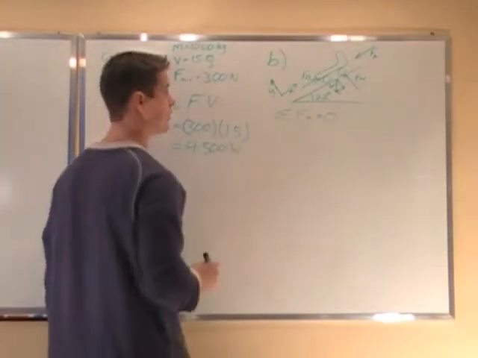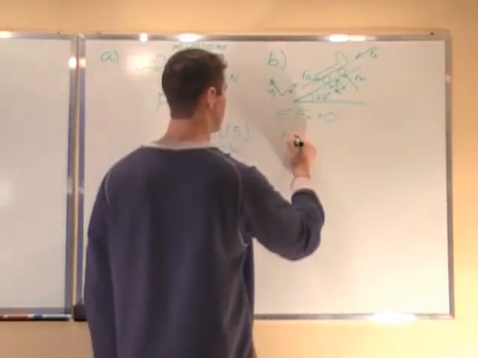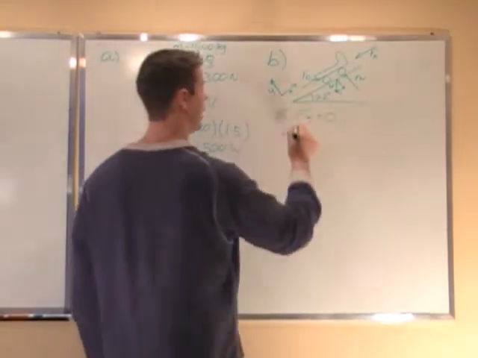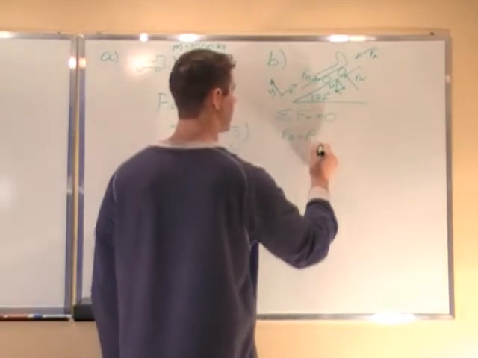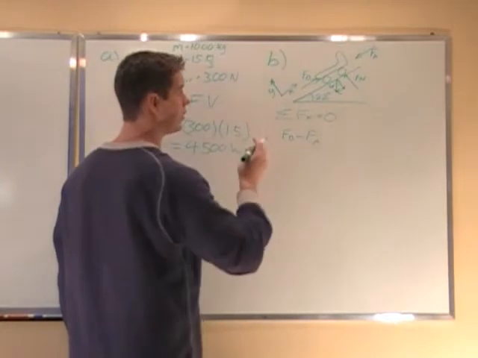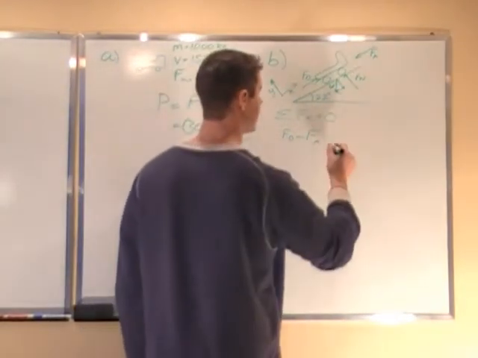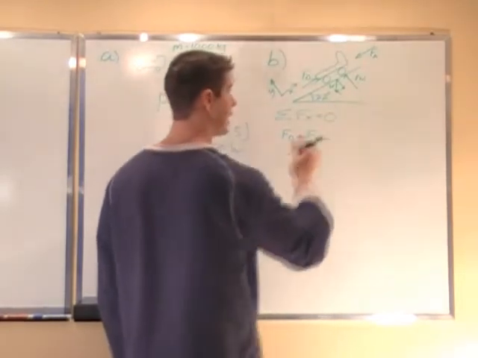So we're summing the forces in the x direction. Let's put in the forces we know. Plus Fd, we have minus Fa, and we have just this portion of the weight here. And that's going to be minus, because it's going in the negative direction.